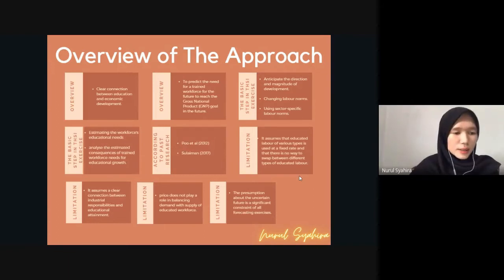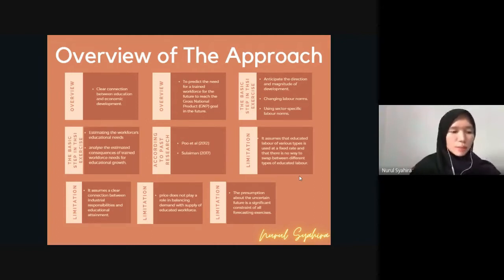Next, choosing labor norms in each industry in relation to technology choice for each sector of the economy, using sector-specific labor norms to translate physical goals, estimating the workforce educational needs, and lastly, analyzing the estimated consequences of trained workforce needs for educational growth.